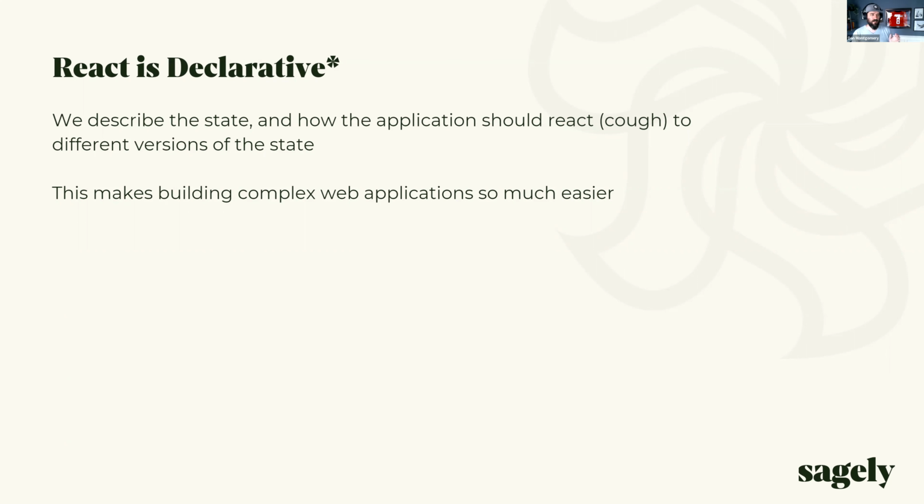And that makes it so that as the complexity of our interactions grows, the complexity of the application itself really doesn't. It stays pretty static. I put an asterisk there because everything I just said is only partially true. React itself encourages us to write code declaratively, but doesn't enforce it in any way. And in fact, we do still write a lot of imperative code to describe the specific steps that we want, which is not necessarily a bad thing.